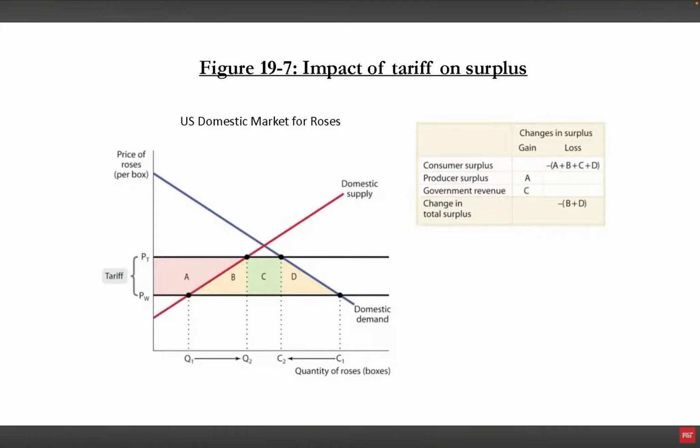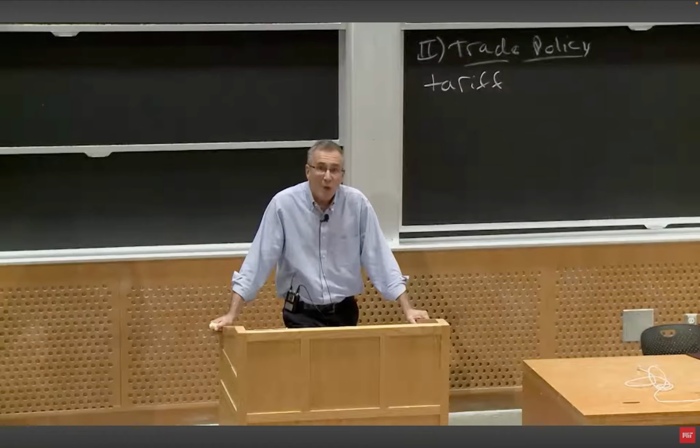Consumer surplus, however, has fallen by B, C, so consumer surplus has fallen by all of A, B, C, and D. Consumer surplus is down by the entire trapezoid A, B, C, D. That's all come out of consumer surplus.